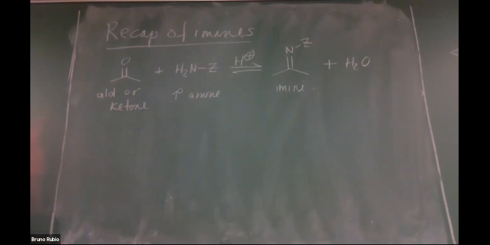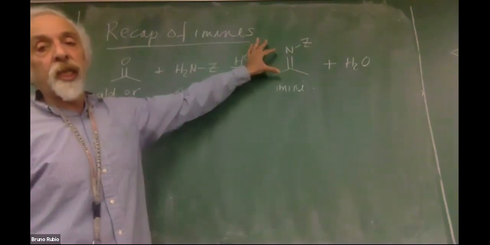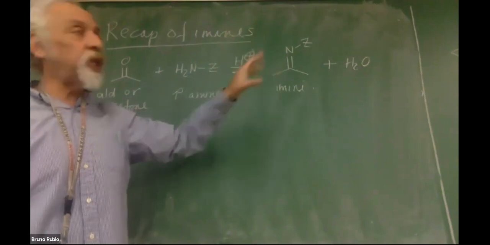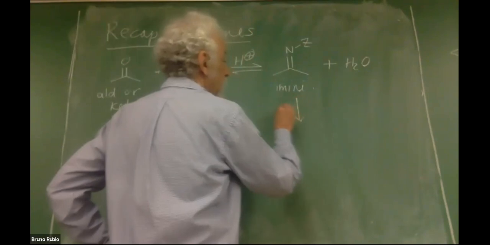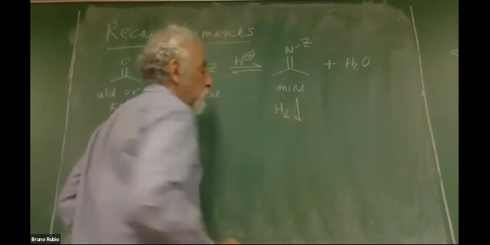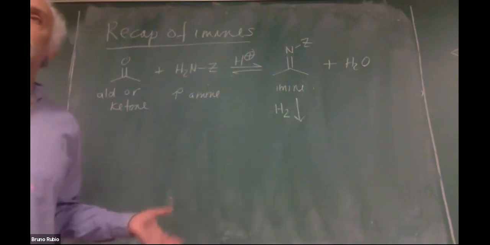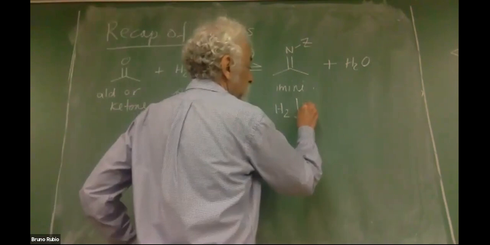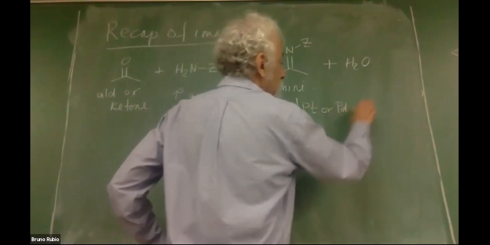One of the most useful reactions of the imine is the reduction of the carbon-nitrogen double bond with hydrogen over a metal catalyst. So we can take hydrogen. We need some kind of metal catalyst, platinum, palladium, nickel, lots of things have been tried. So it's going to be platinum or palladium or nickel.